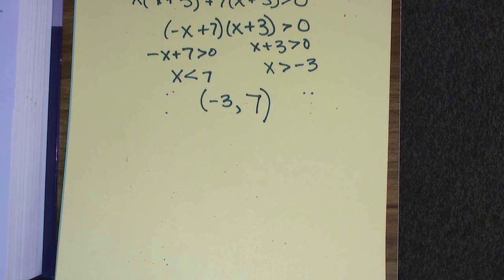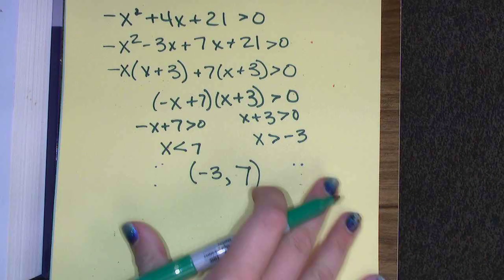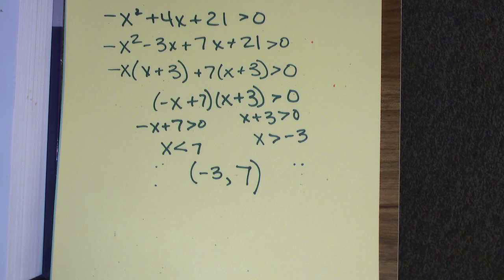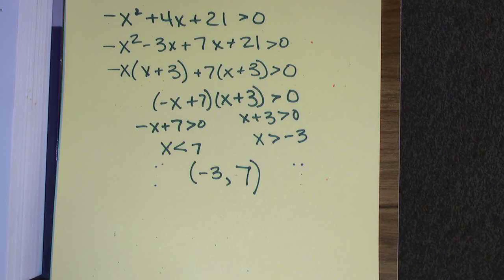If I picked a number like, let's say I picked -4, that would be -16 minus 16 plus 21. Does that work? Did I just do that wrong? Oh, it would be -16 minus 16.